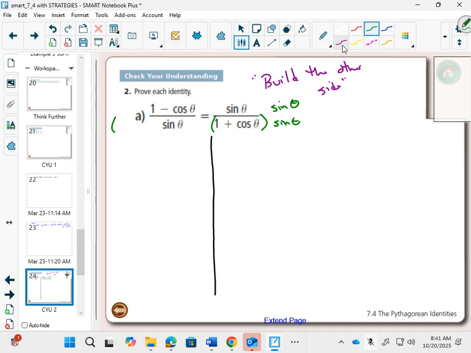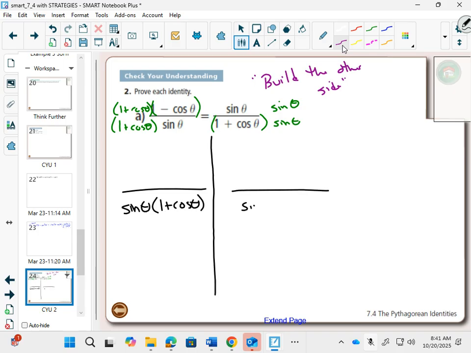And this one would need to be multiplied by 1 plus cos theta over 1 plus cos theta. I'm not even going to multiply out the bottom. I'm going to just leave it factored. At least my denominators are the same.